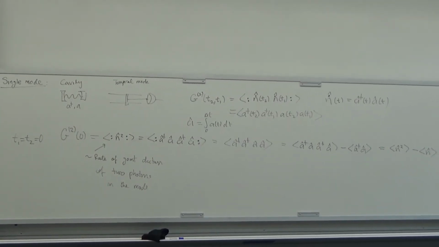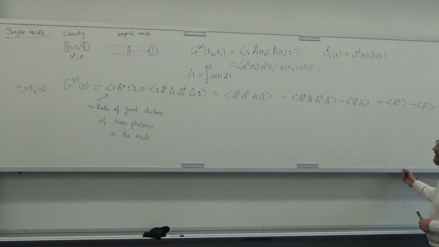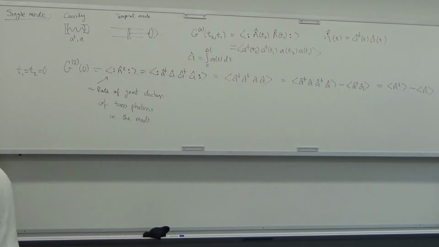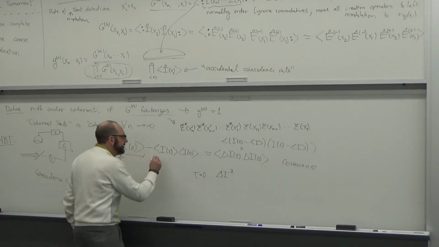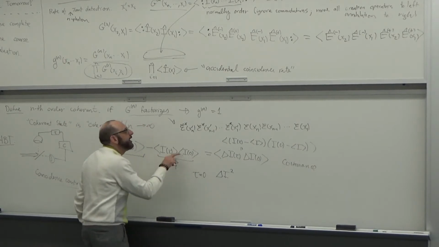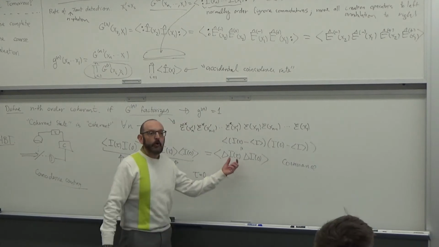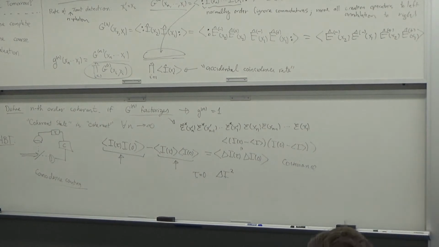So now let's look at the difference between this and the accidentals. In the same way that I could consider the difference between the correlation in intensities compared to what it would be if they were not correlated. And that was related to the correlation in the fluctuations of the classical intensity according to the semi-classical theory. But what is it here?